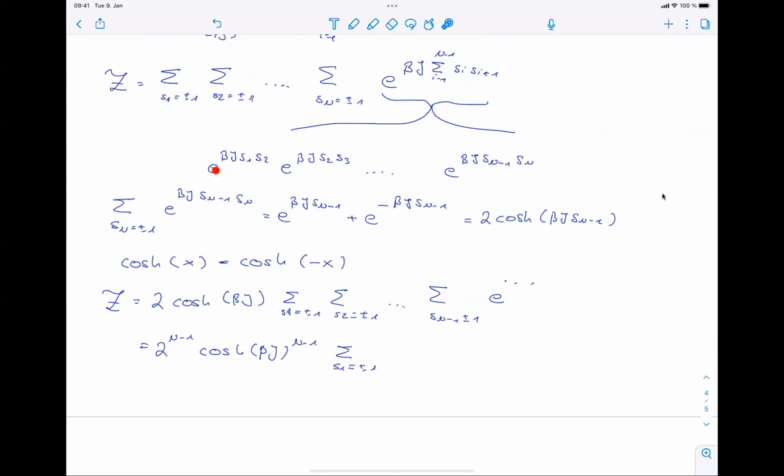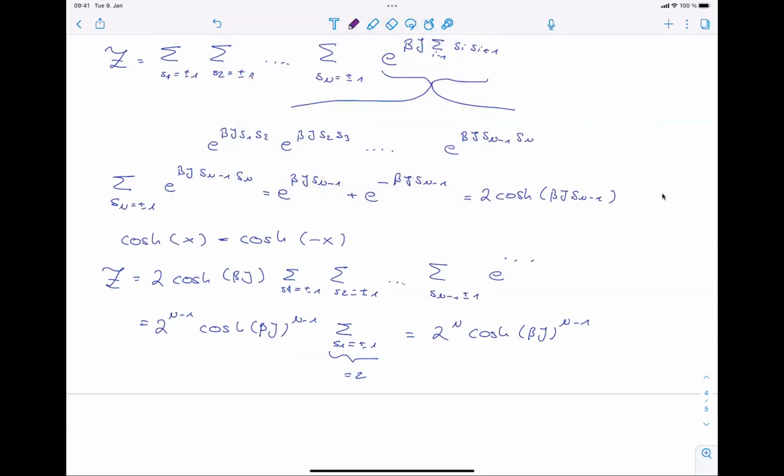So the sum over S1 is still left over, and the total is 2 to the power of n times cosh beta J to the power of n minus 1.